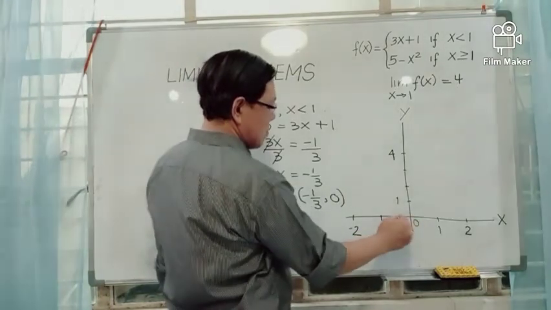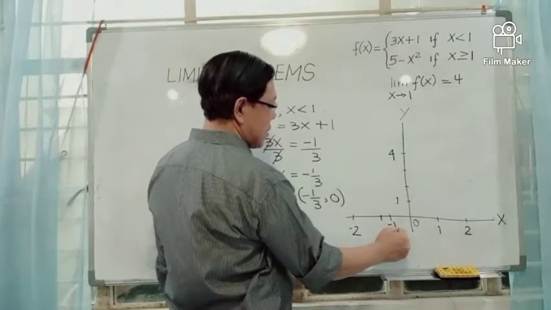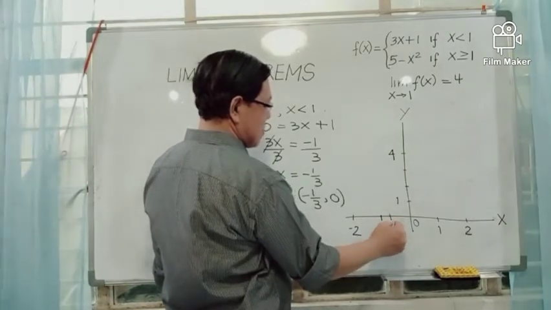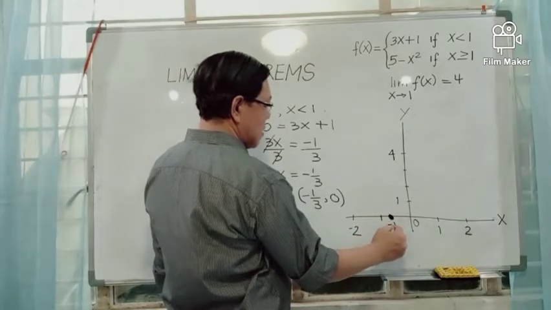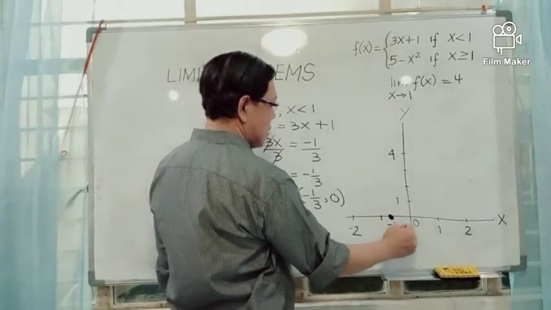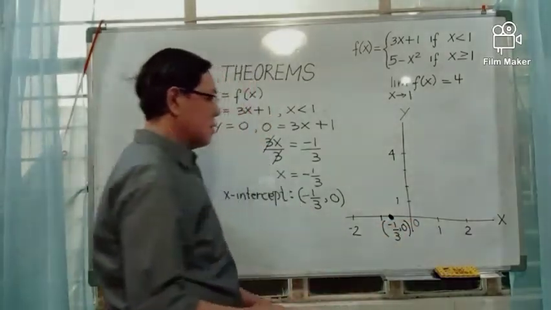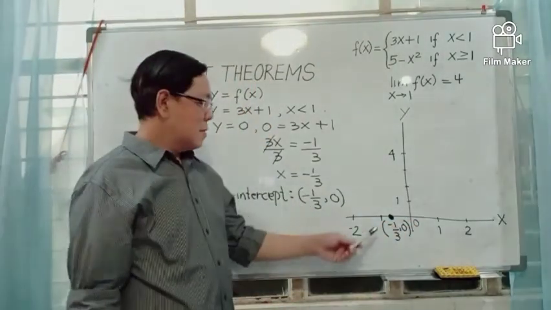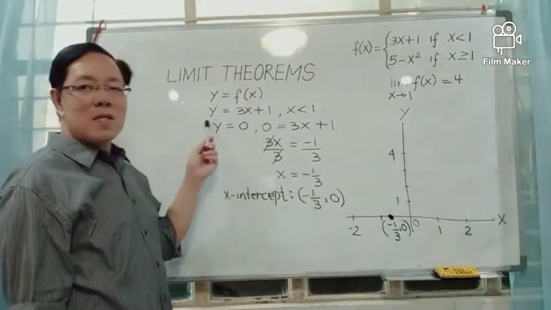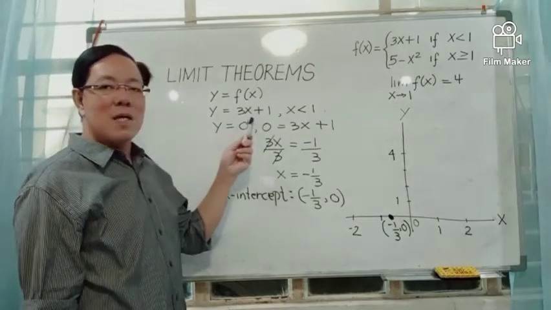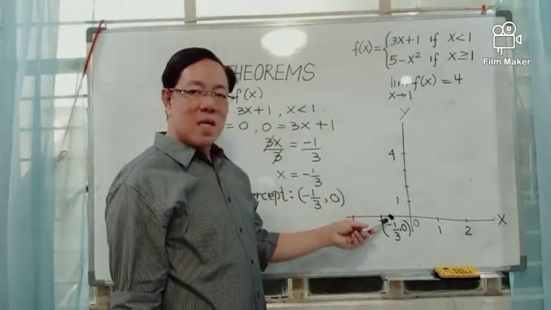This is the origin, and you mark 1/3 on the horizontal axis. This is the point negative 1/3 and 0. This is known as the x-intercept of the line, the graph of this linear equation y equals 3x plus 1. When we draw the line, it should pass through this point.